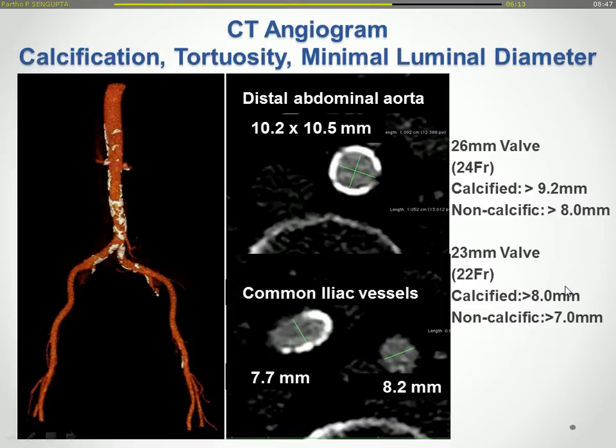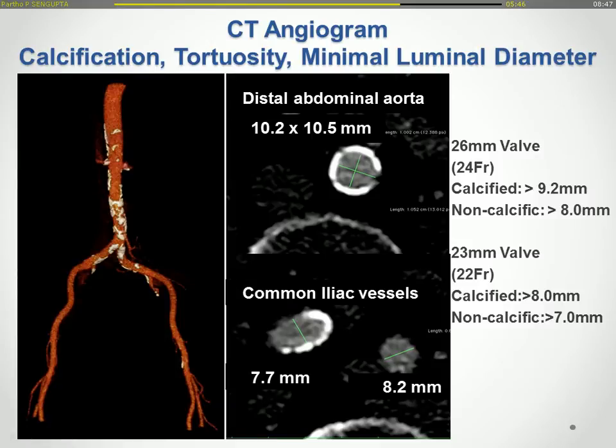CT scan and angiography is also useful in providing insight into the calcification, tortuosity, and the luminal diameter of the vessels through which the systems are going to be approached. So here you can see this is a porcelain aorta, whereas you can see here in the same example, the common iliac vessel, the minimal diameter is only measured as 7.7 millimeter.